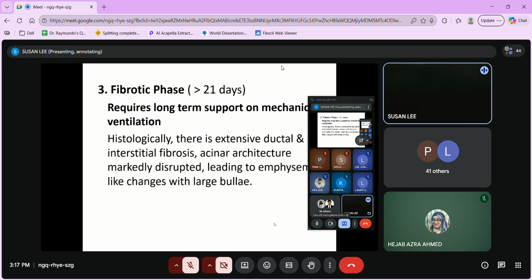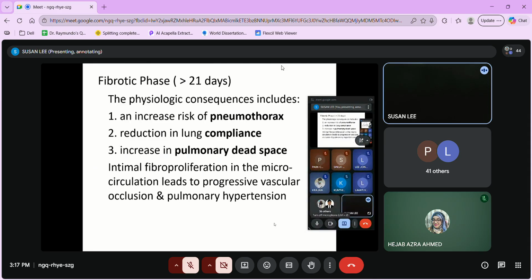And histologically, you can see extensive ductal and interstitial fibrosis, acinar architecture markedly disrupted, leading to emphysematous changes like large bullae. Because of these changes, the patient is also at increased risk for the development of barotrauma. So the patients would have increased risk of development of pneumothorax.